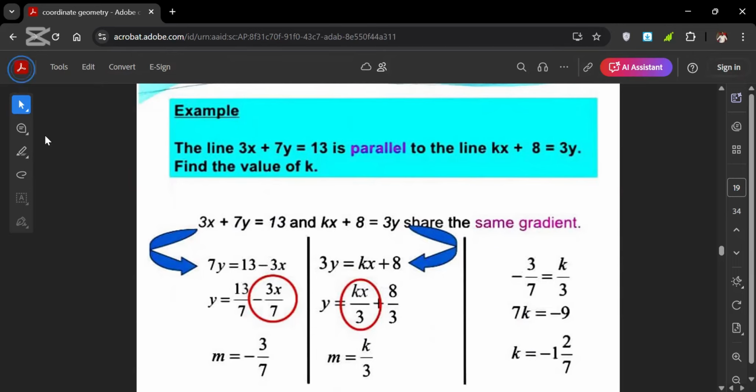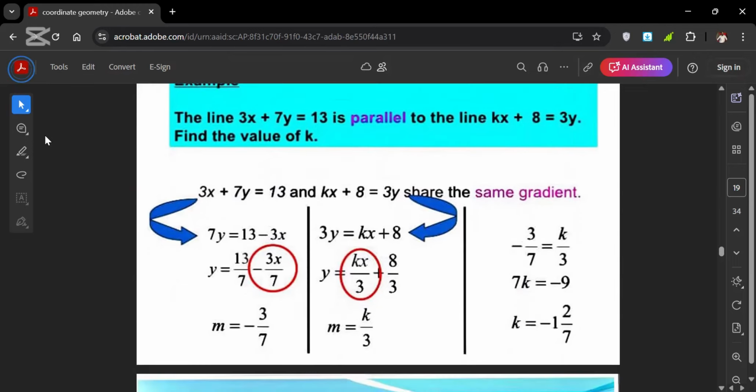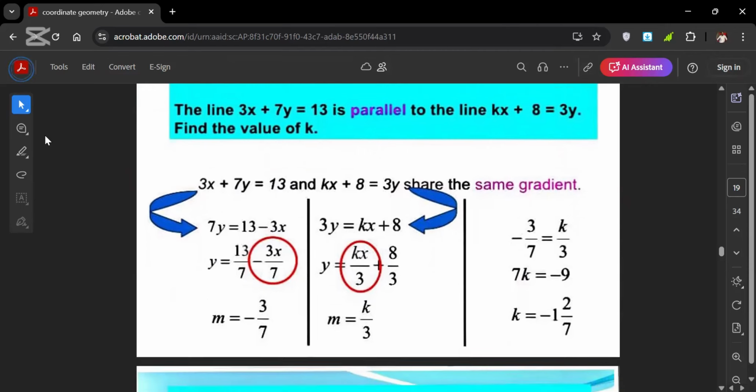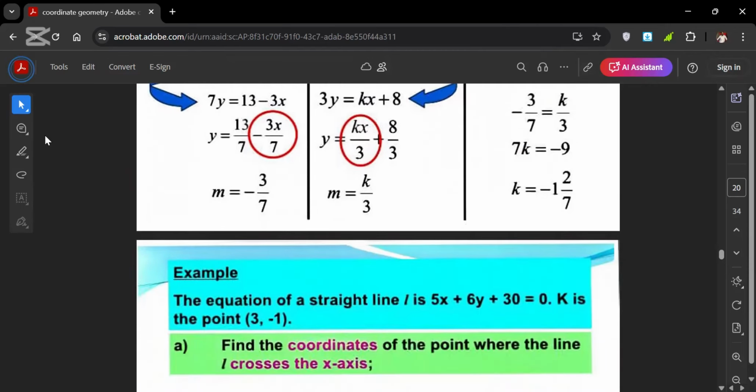The simple way is this: arrange your equation into the format y equal to mx plus c, and m will be the coefficient of x. In the first equation, m is minus 3 upon 7. In the second equation, it is arranged and m is k upon 3. Next, they're saying that the lines are parallel, so we will equate the gradients to get the value of k.